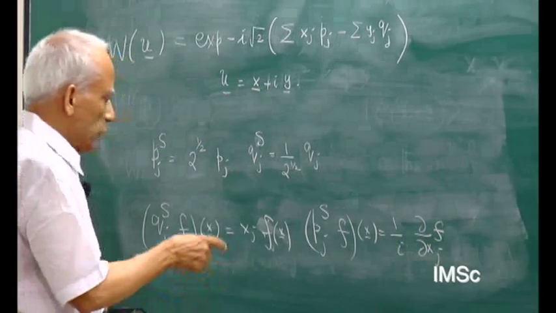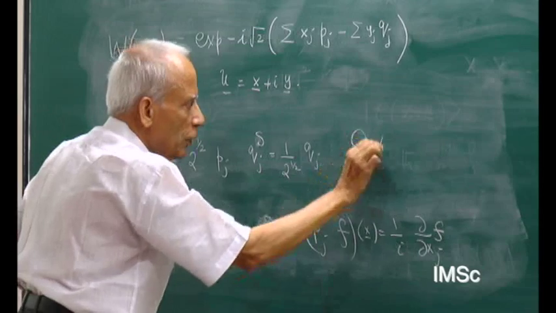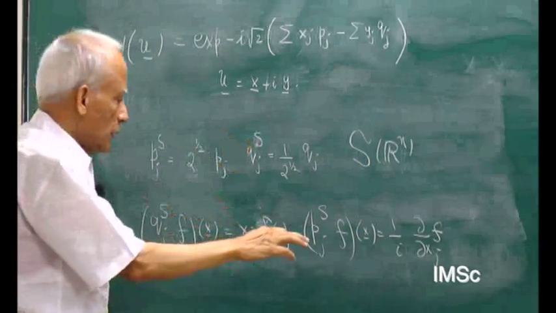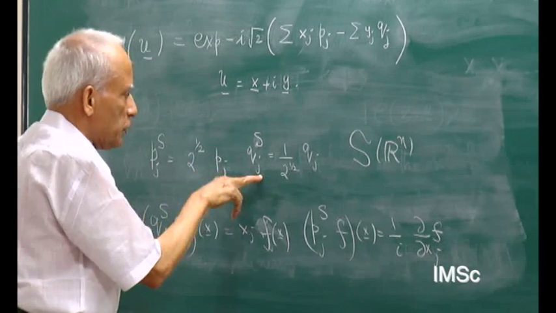And how do you define this? You define on the Schwartz space S of R^n and then close. That gives you the self-adjoint operators P_j^S and Q_j^S.